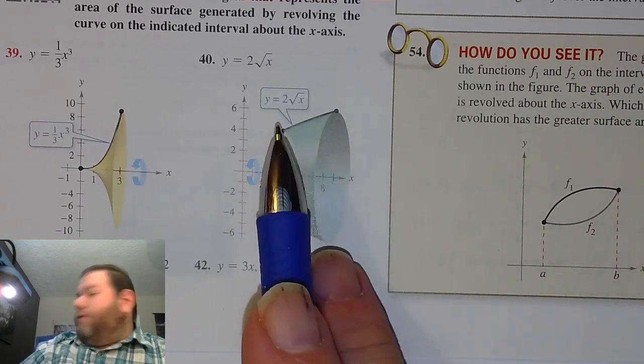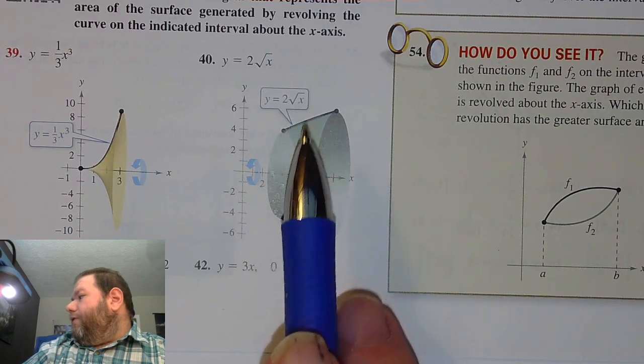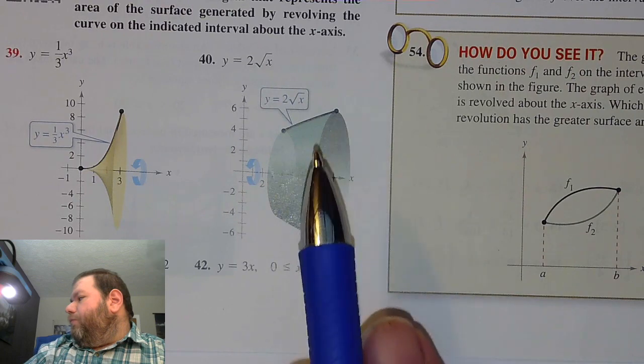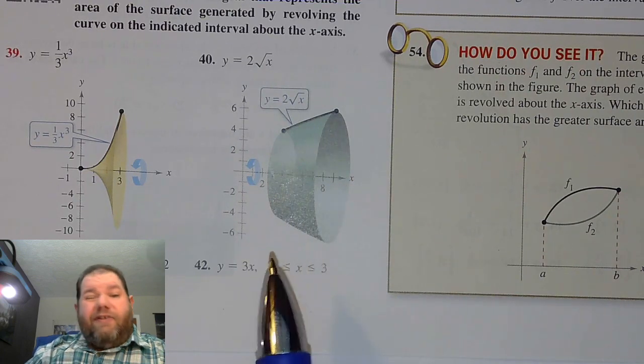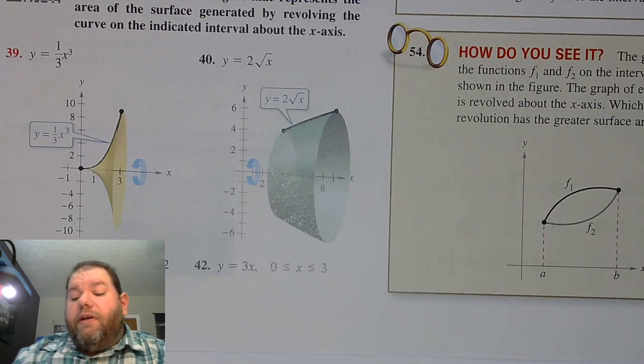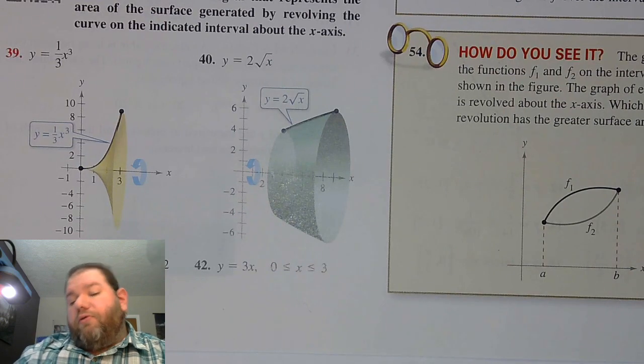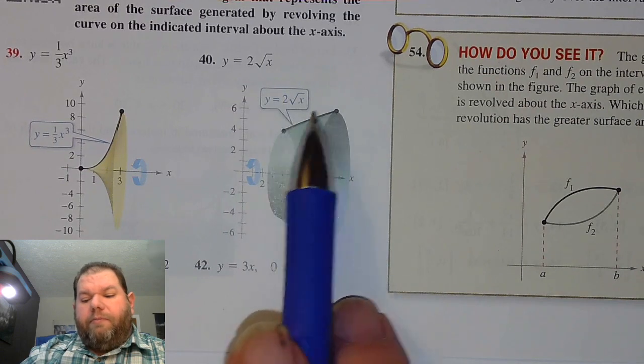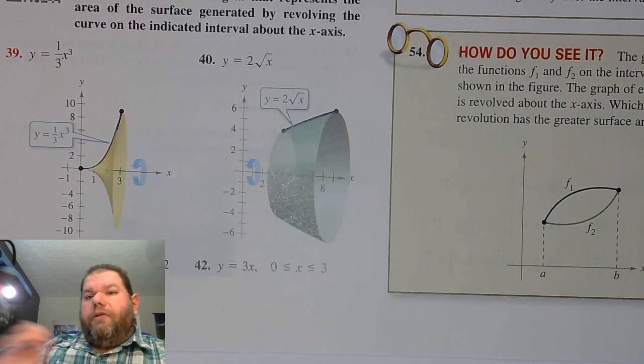We can see that, here's our function y equals 2 square root of x, and it's going to create this shape when it's revolved. It's kind of nice to see the shape reference. But yeah, we're going around the x-axis, and this is our formula of y equals 2 square root of x right here. All right.